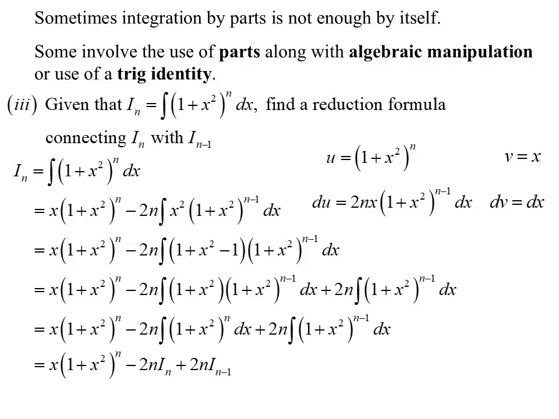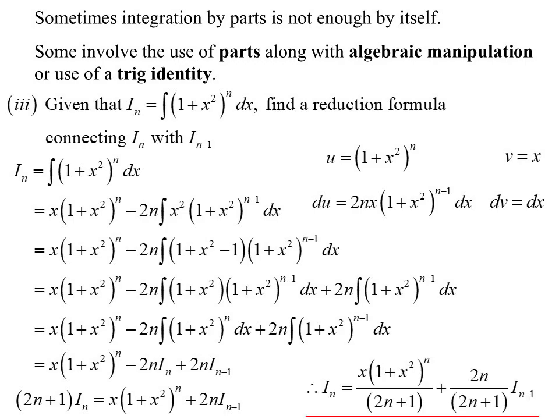Both of them are in the form of the original integral. One's to the power of n, and the other one's to the power of n minus 1. There's my formula, but it's not quite right because I want to make In the subject. So I need to move the 2n In over to the left-hand side. So I'll do that. Now divide by the 2n plus 1, and we have a formula for In.